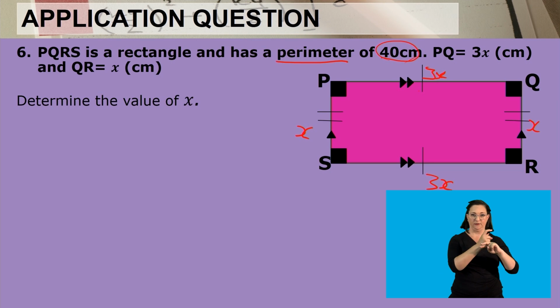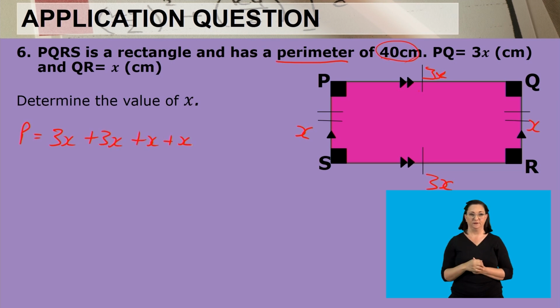So the perimeter in this case would be 3x plus 3x plus x plus x, and it should equal 40 centimeters. Let's add all the x's together. 3x plus 3x is 6x, plus x is 7x, plus x is 8x. So 8x equals 40.